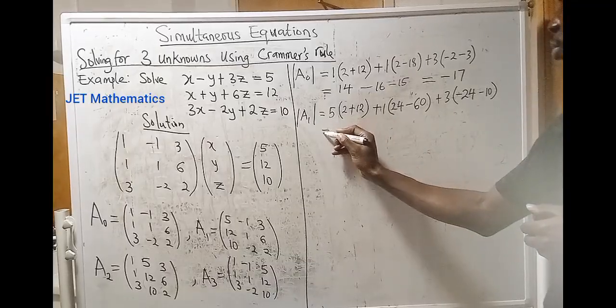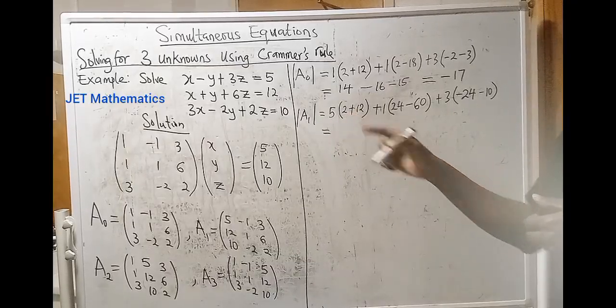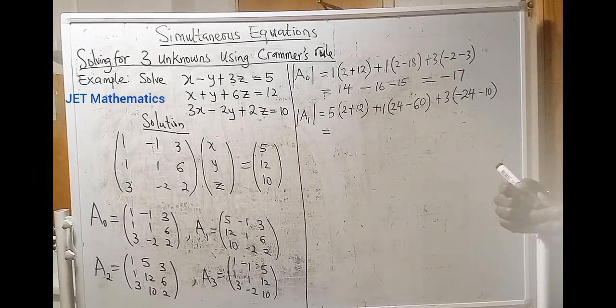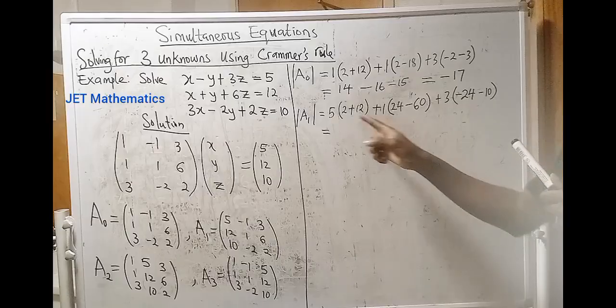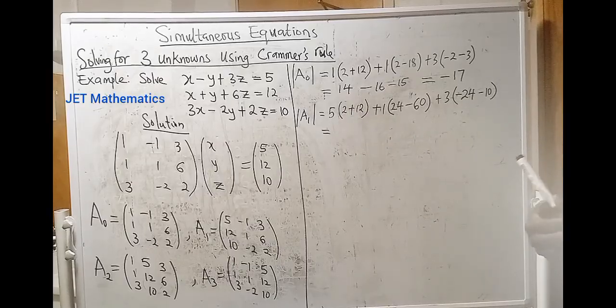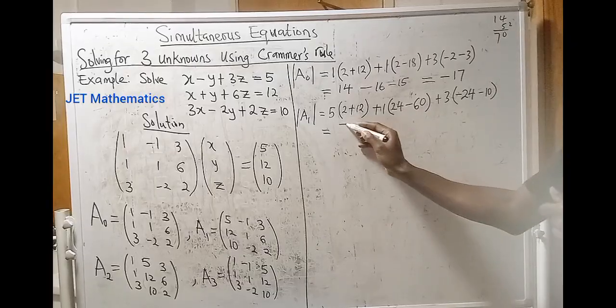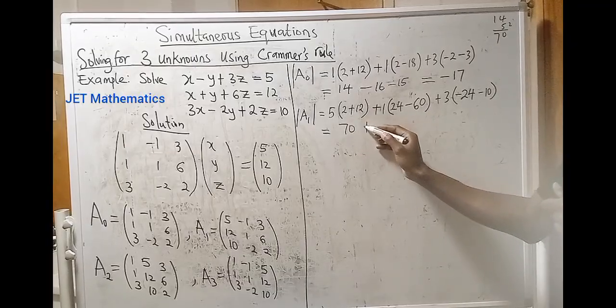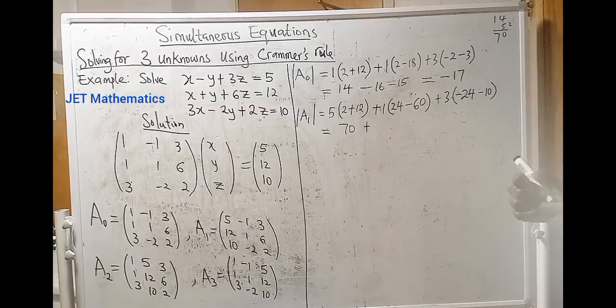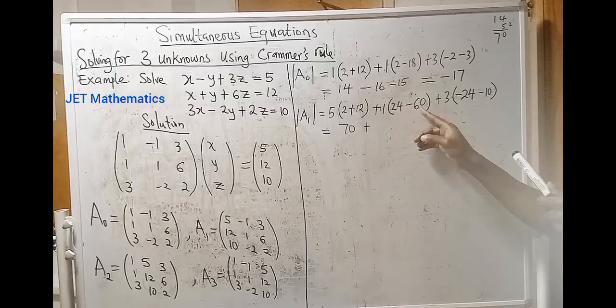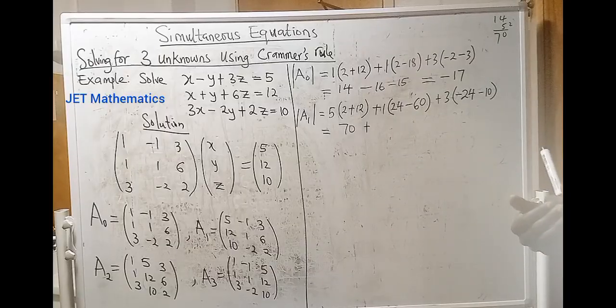So we simplify this and we get 12 plus 2 plus 12 is 14. 14 times 5 is 70, plus 24 minus 60 is minus 36.